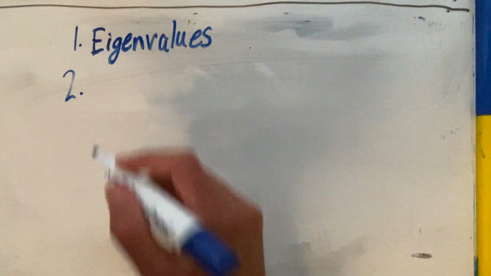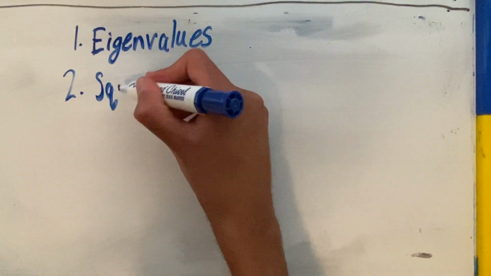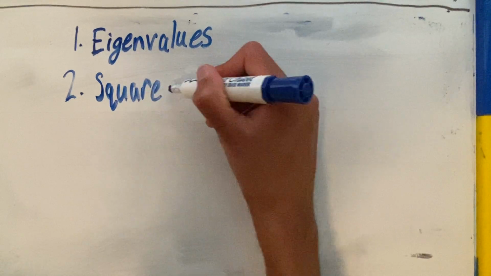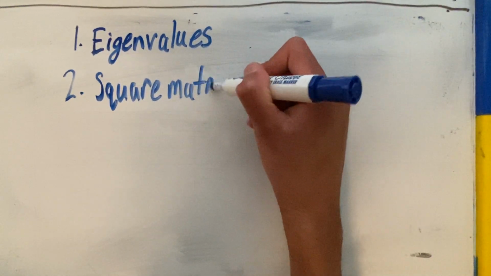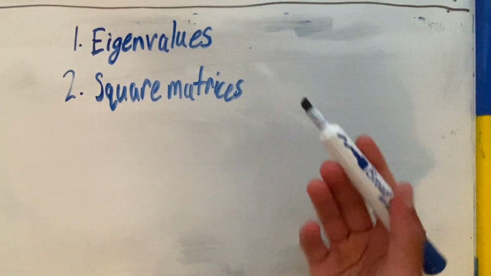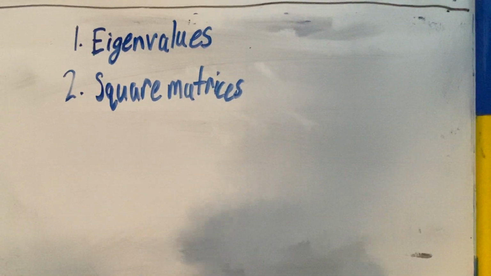And this really should follow pretty directly from the first hint, but you're going to need some kind of square matrices. This is because it's only with square matrices that you can talk about eigenvectors and eigenvalues in the first place.